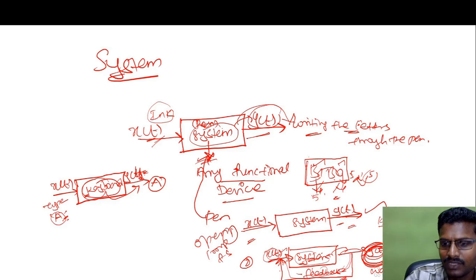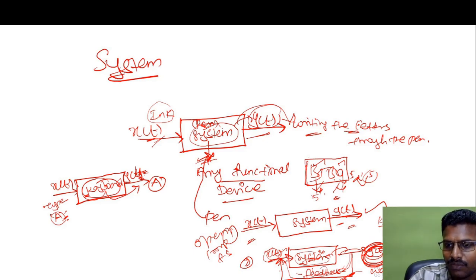Now the temperature is 22 degrees Celsius. The air conditioner sensor will get activated and sense the temperature. Now it is 22 degrees Celsius, and the feedback loop will be acting here, right? Now the system is the air conditioner, and with the help of the sensor it senses the current temperature as 22 degrees Celsius. The temperature which I have set in the room should be around 18 degrees Celsius.